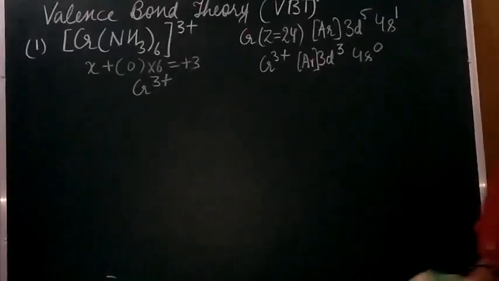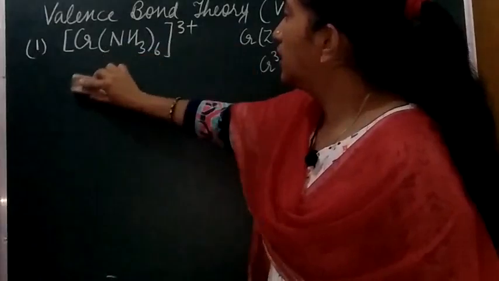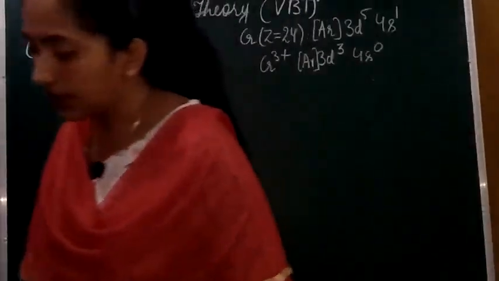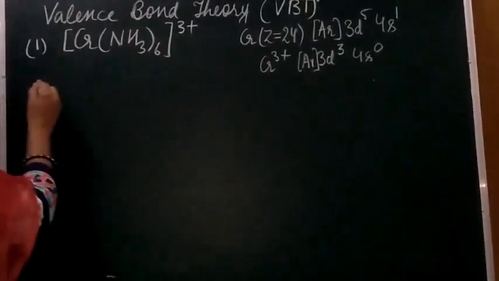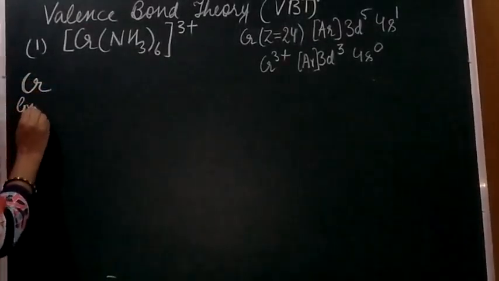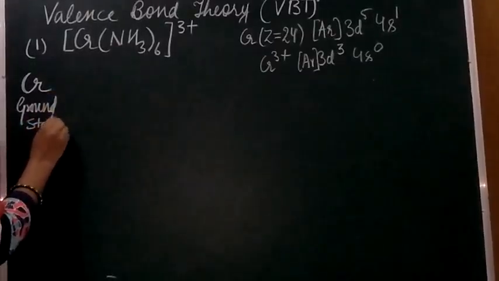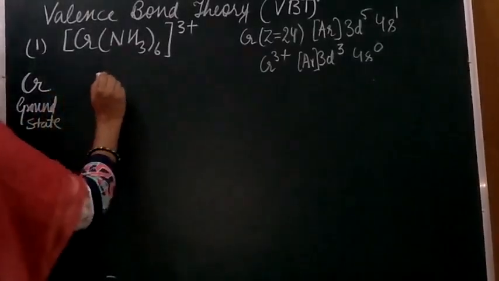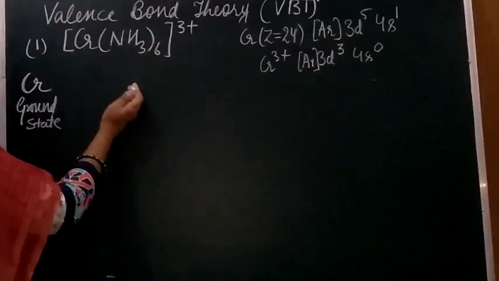Now students, we will just draw the diagram, right, for the hybridization. So we will first write down the chromium in its ground state, right? Here we can see that we have the valence shell. We write only the valence shell configuration here.